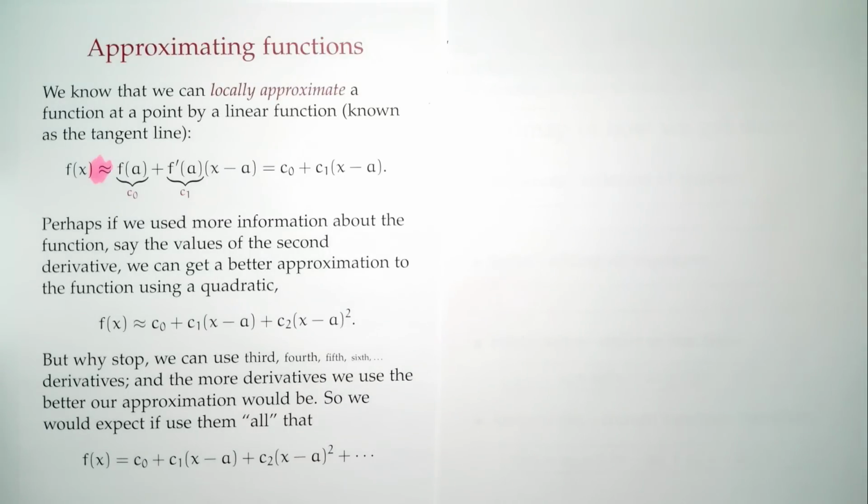So what you can do is use the second derivative. Because the idea of tangent lines is saying, let's try to find the line which matches both the function and its derivative at that point. So you could say, well, let's match the function, its first derivative, and its second derivative. So that's three things.